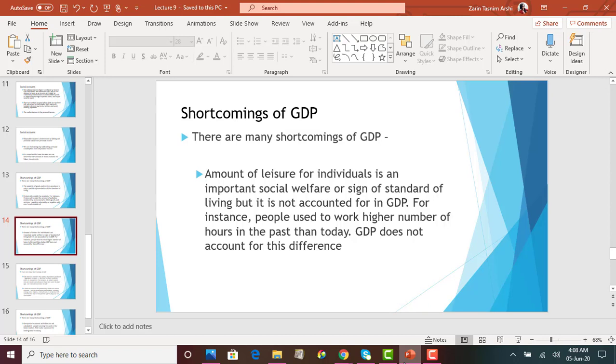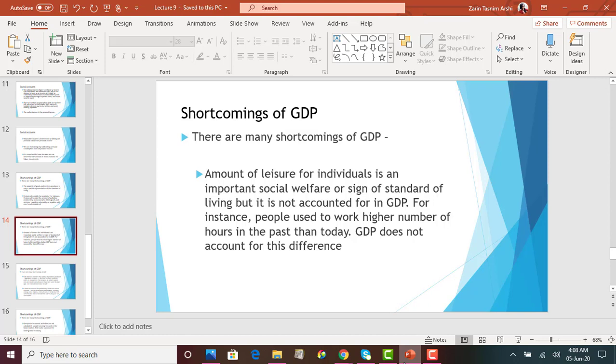The third disadvantage of GDP is that the amount of leisure for an individual is an important sign of social welfare or standard of living, and that is not accounted for in GDP. Amount of leisure means how much vacation time you have, how much time you have to relax and spend without much work.